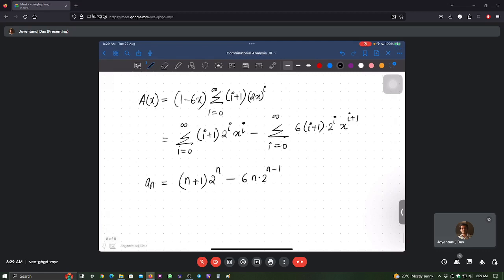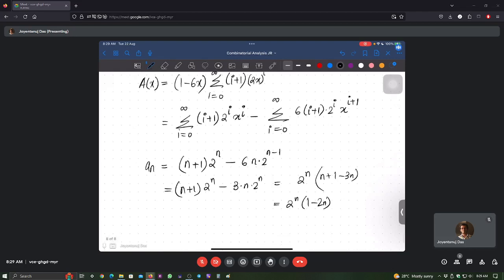Not n plus 1, just n. From here I can take 2 inside, so it becomes 2 power n, and if I take 2 power n common, then (n plus 1 minus 3n). So this is my an and this is my bn.